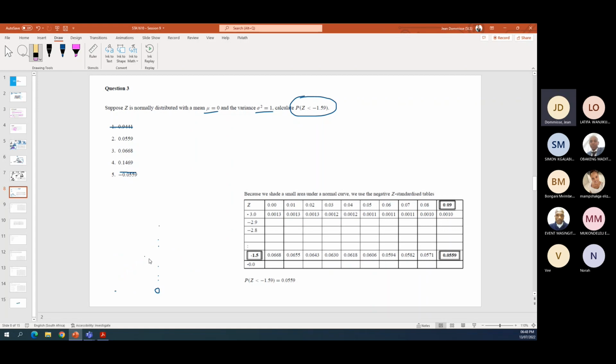The only thing I know is that when I draw the graph, the mean is in the middle, this side is positive, and this side is negative. So somewhere in this area is the minus 1.59.